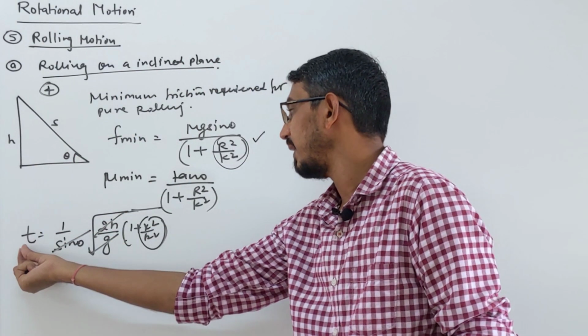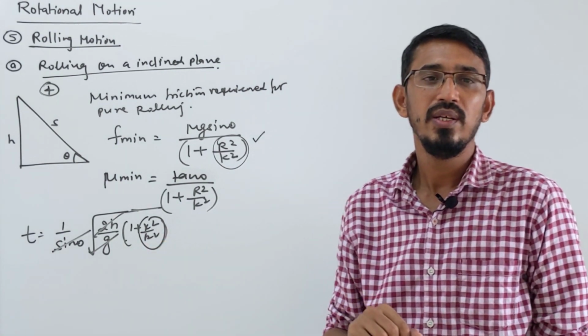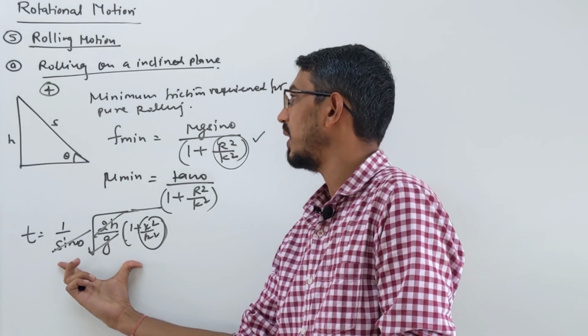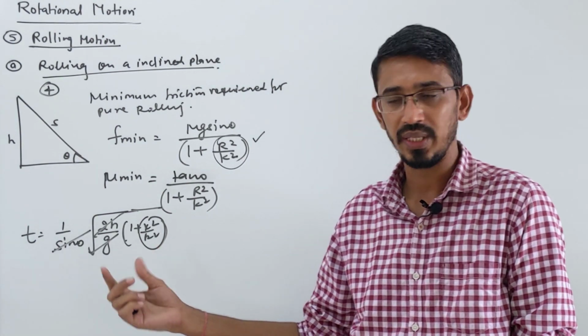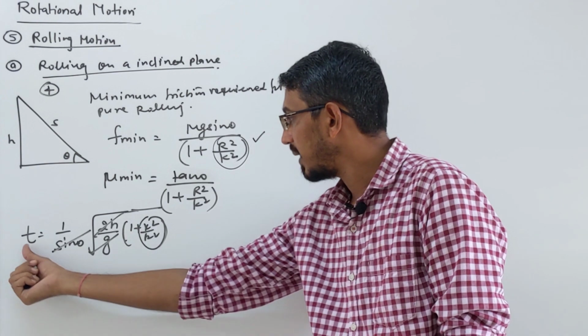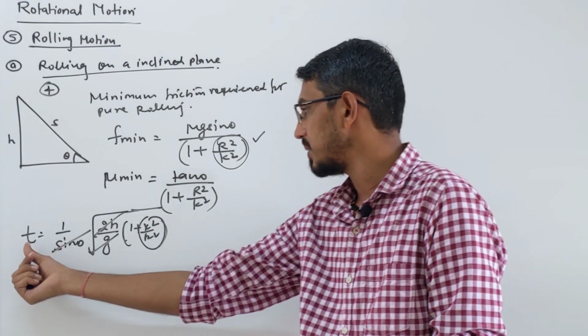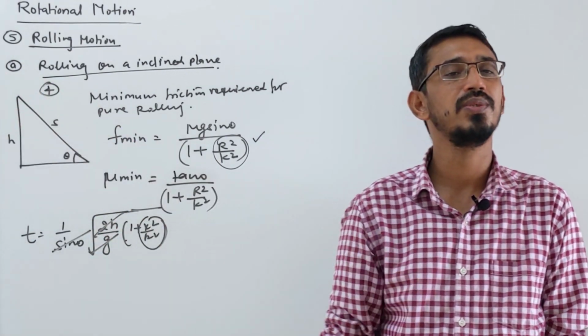So the time directly depends on k square upon r square. We don't need the full big formula to answer who comes first to the ground, just this term. If this value is minimum, time becomes minimum, and that object will come first to the ground.